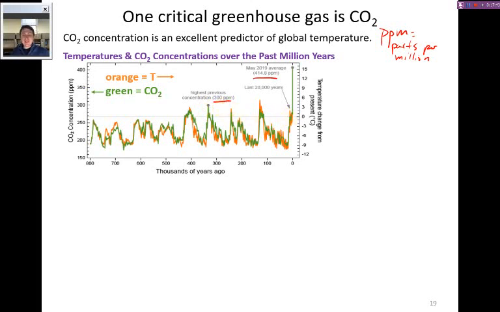Now, we haven't seen this drastic temperature shift yet because we're still waiting for the total effects of the accumulated carbon dioxide to affect the environment. But we have seen over the past 100 years these shifts. Notice that the scale here is on hundreds of thousands of years. Okay, and so we can see these trends over time.